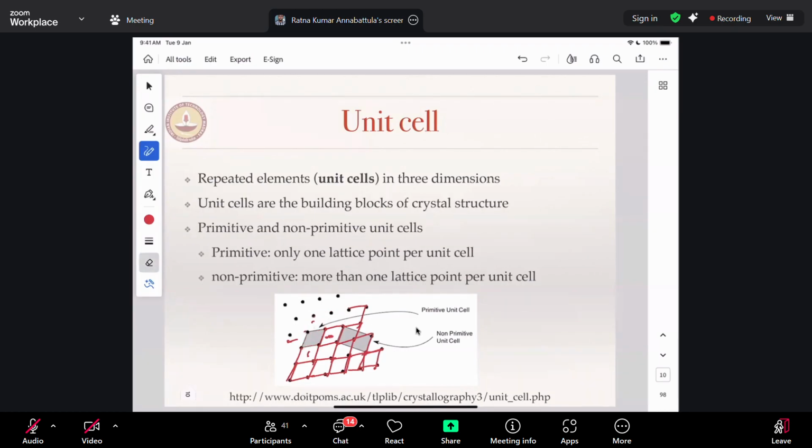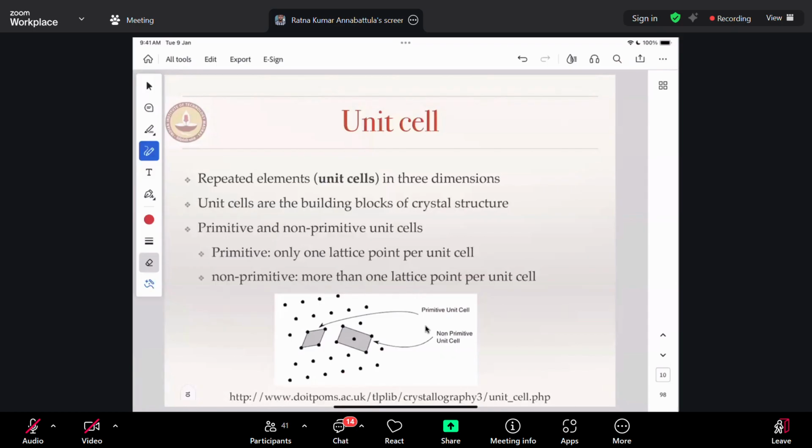Okay. So I'm erasing that. But to describe a crystal, do you have to have only one unit cell, or can I have multiple unit cells, like what I have seen in the previous brick example? One can have multiple unit cells describing the same crystal structure, or same lattice structure.